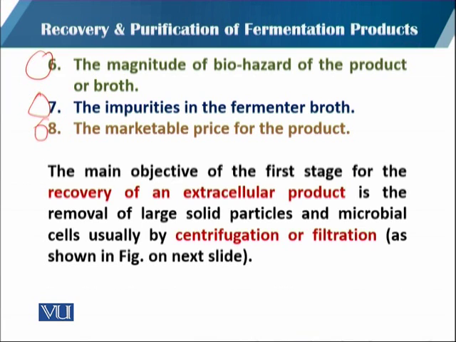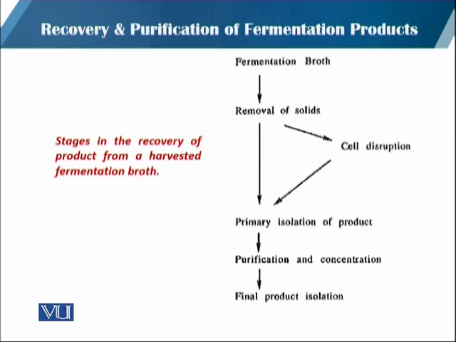So the main objective of the first stage for the recovery of an extracellular product is the removal of the large solid particles and microbial cells, usually by centrifugation or filtration, as you can see in the next slide. So this is the strategy, starting from the fermented broth and then the removal of the solids.